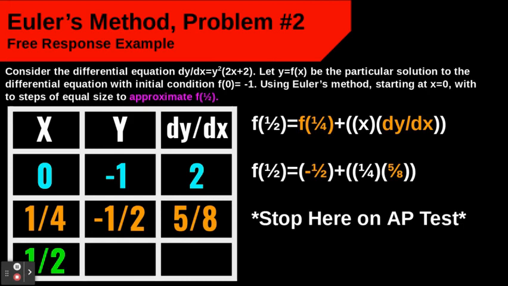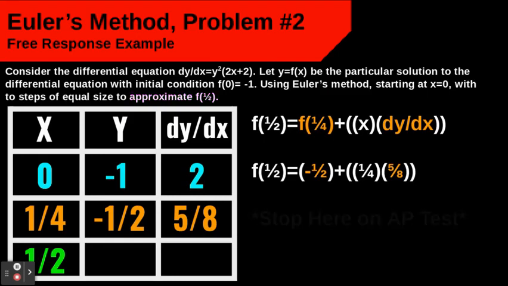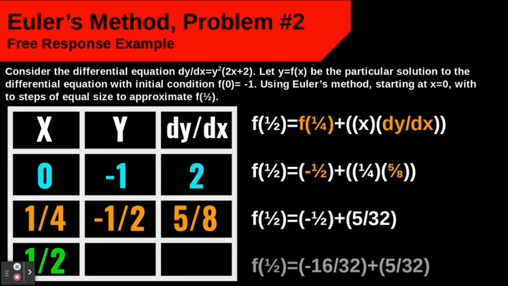On the actual AP test, this is where you should stop because it is technically a correct answer, and if you continue, it's very complicated fractions that you shouldn't continue to add up, just in case you accidentally make a mistake. However, I do show the rest of the answer.